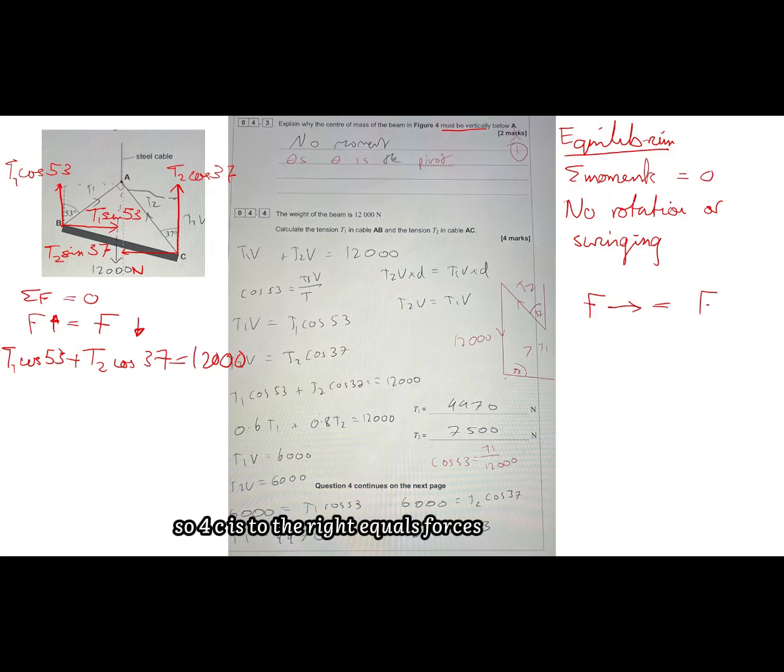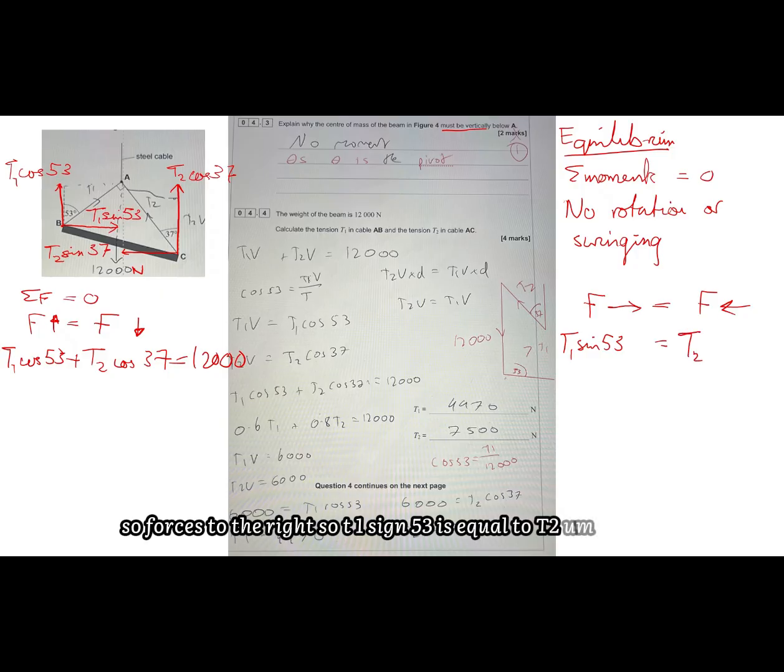Now we've got an issue because we've got two unknowns, T1 and T2. So what can we do? Let's look the other way. Forces to the right equal forces to the left, so T1 sine 53 is equal to T2 sine 37. So you've got two formulas.